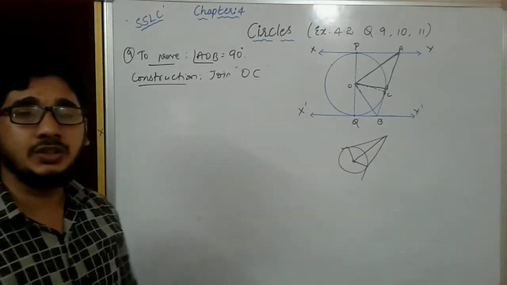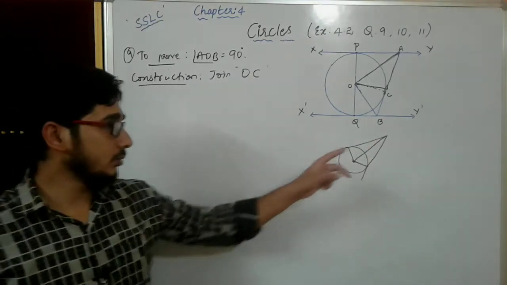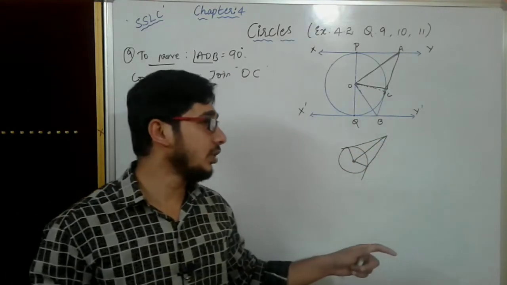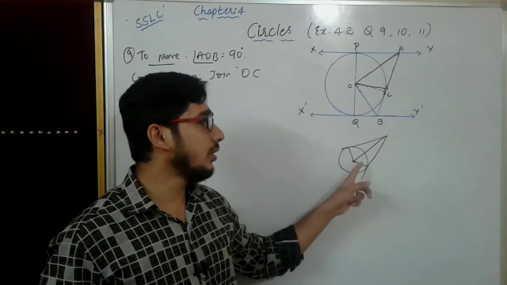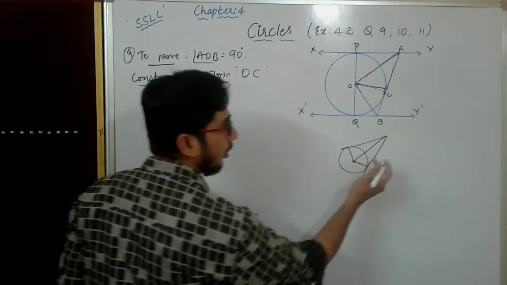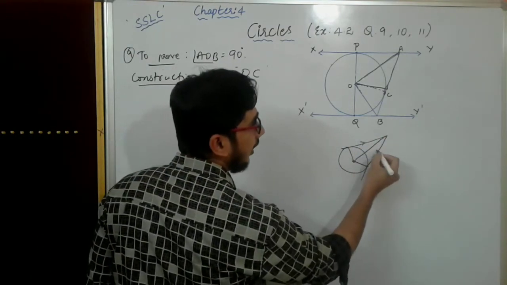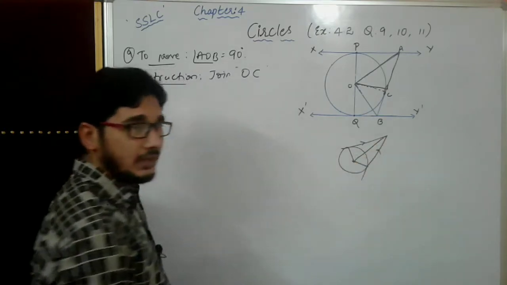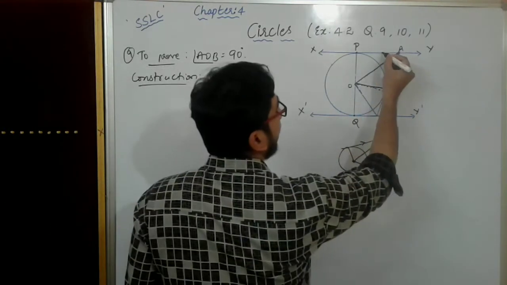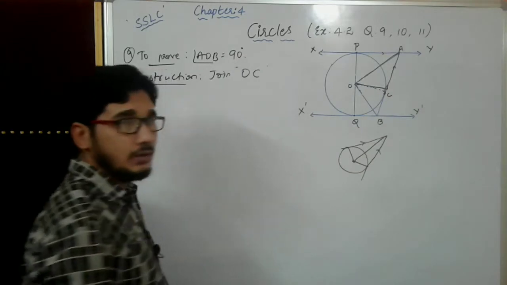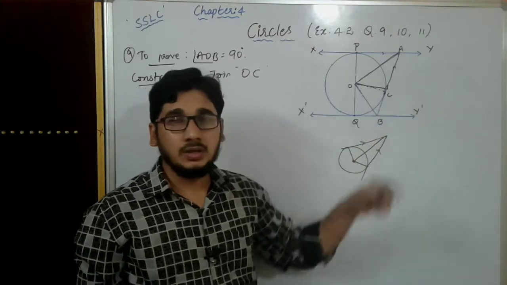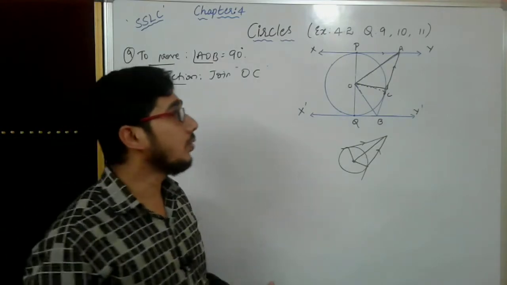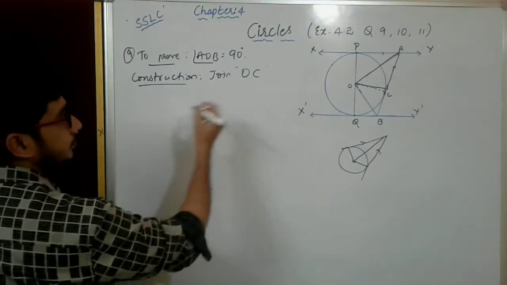We have to remember that tangents drawn from an external point are equal. These 2 tangents will be equal, like this one and this one. So very first we have to tell that these 2 triangles are congruent. I'll write here.